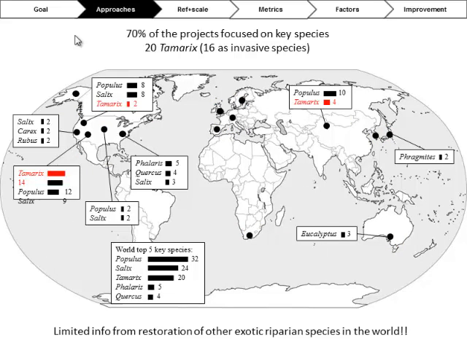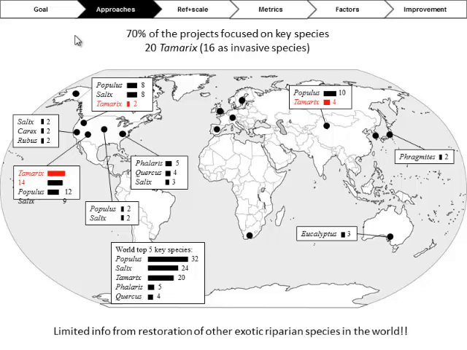Now if we look at the key species that were assessed, we found that 70% of the projects are focusing on key species. 20 of those 122 projects are focusing on Tamarix as key species. And if we look at the world top five key species, or the species that have been assessed more often, of course, Populus and Salix, because they are the most widespread species in the northern hemisphere, are usually followed very often.